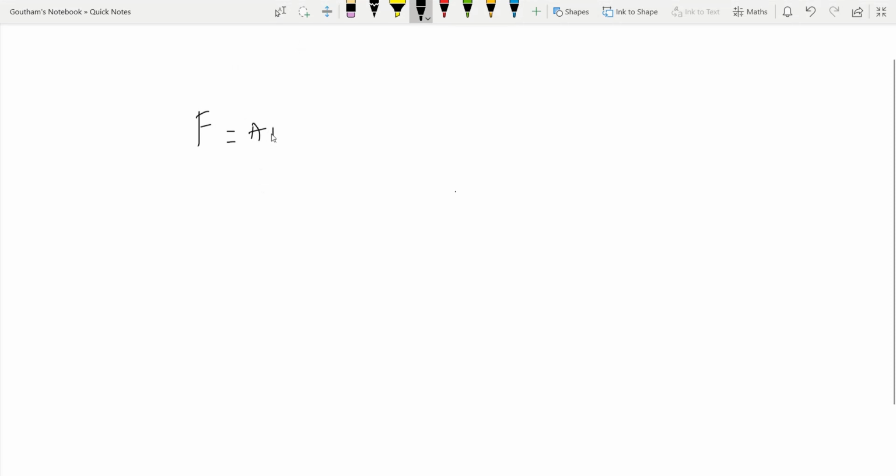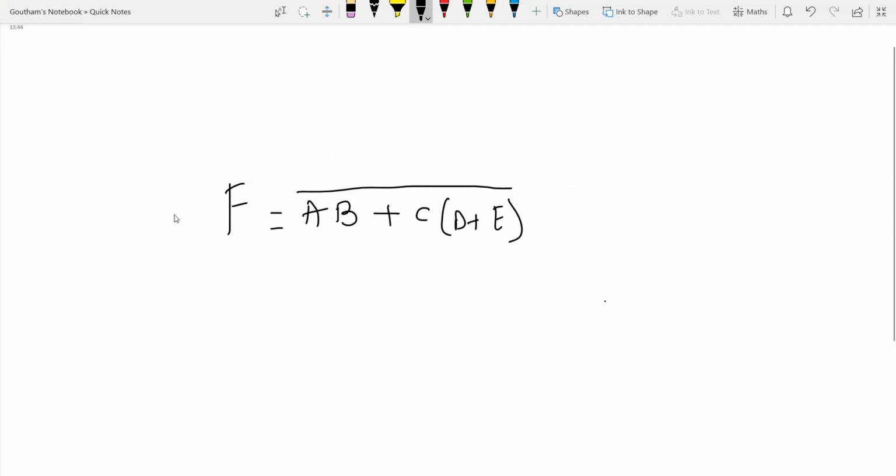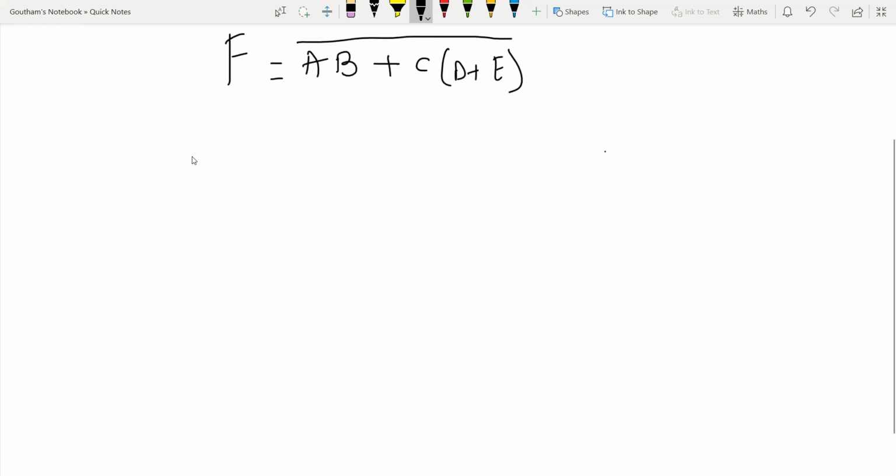Let the Boolean expression be F equals (AB + C(D+E)) whole complement. Let us draw the CMOS implementation for this first.